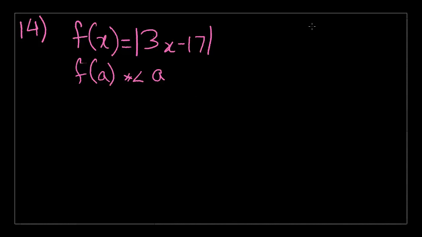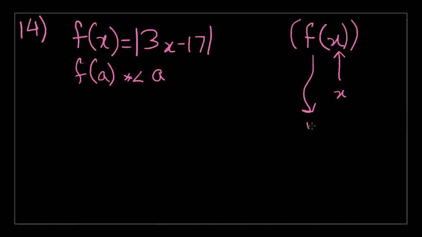If we take the f of x equation again, if you remember from a previous video, this is the x value, and this entire thing is the y value. So f of a is simply the y value, a is the x value. X value is the one you plug into the equation, y value is the output that you get.